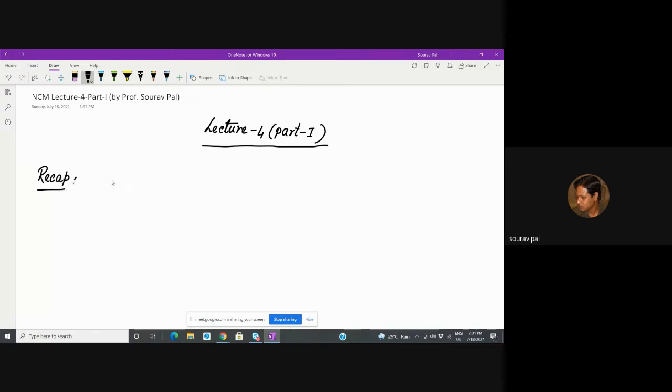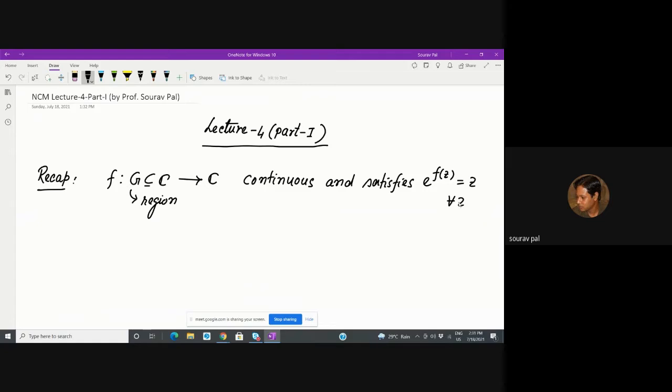That was precisely if you have a function from a region G, so this is a region, a complex valued function which is continuous and satisfies e to the f(z) is equal to z for all z.